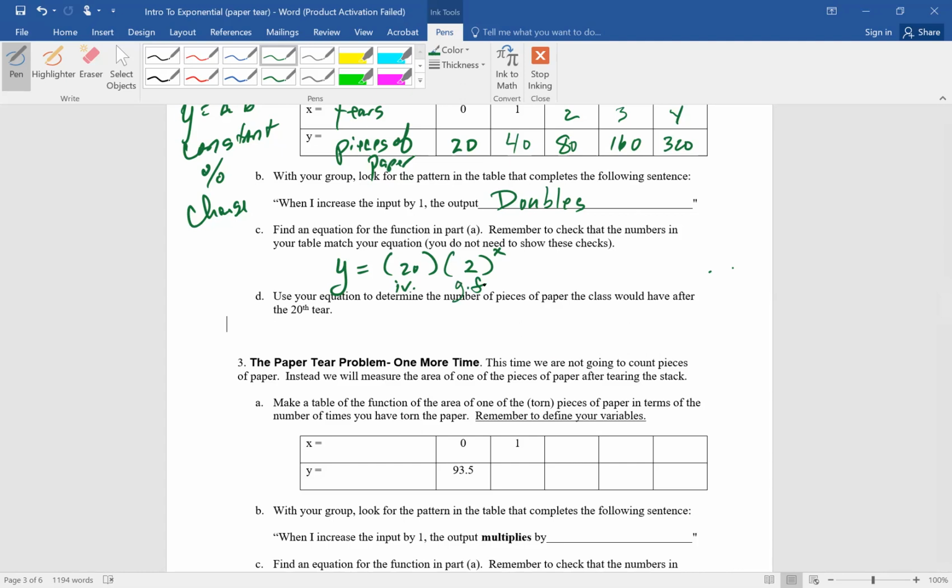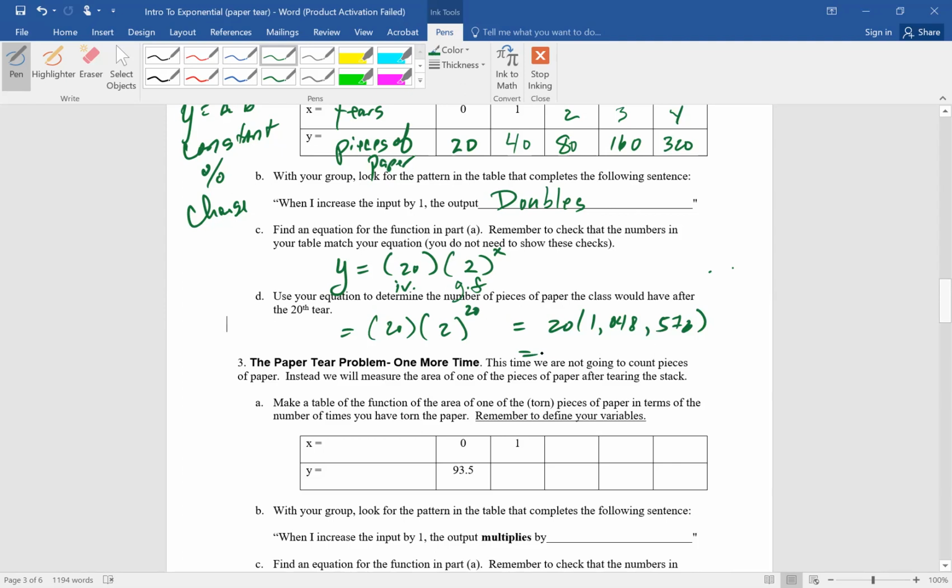Now, for part D, they wanted you to figure out after the 20th tear. You could do that as well and just say 2 to the 20th. And we already knew what that was from before. 2 to the 20th power was, oh gosh, what was it? 1,048,576. So you can do that on your own on a calculator later.